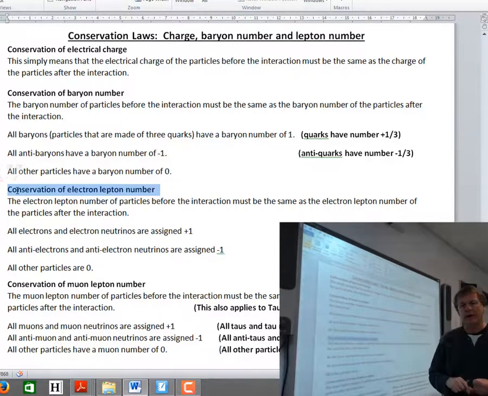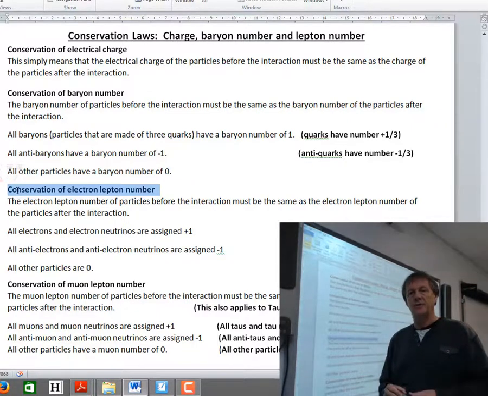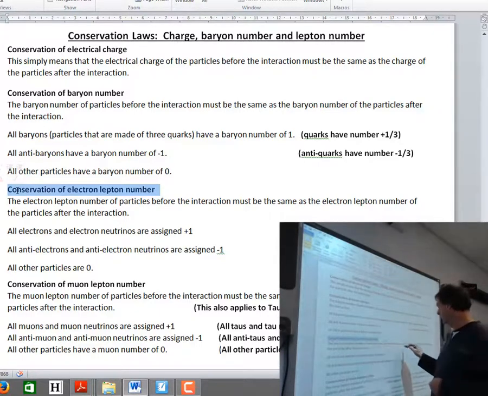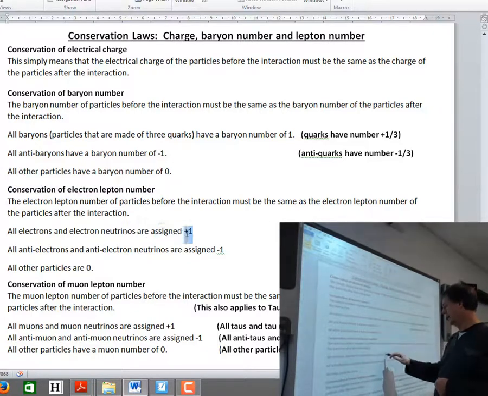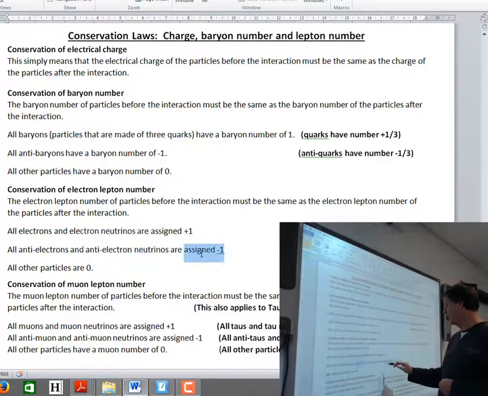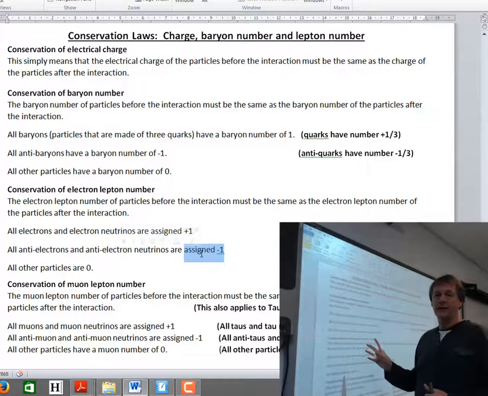Electrons have a lepton number of 1, and anti-electrons, or positrons, have an electron-lepton number of -1. The electron neutrino also has a lepton number of +1, but the electron anti-neutrino would be -1. So that needs to balance on both sides of the equation.